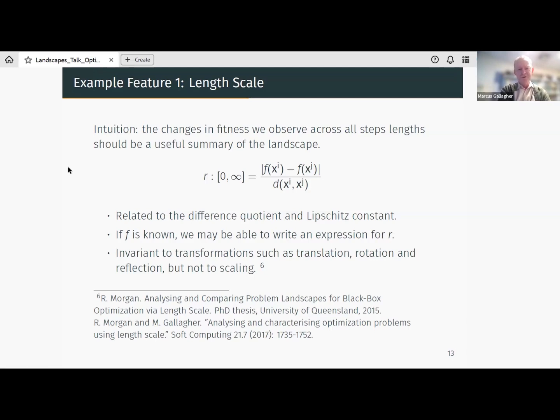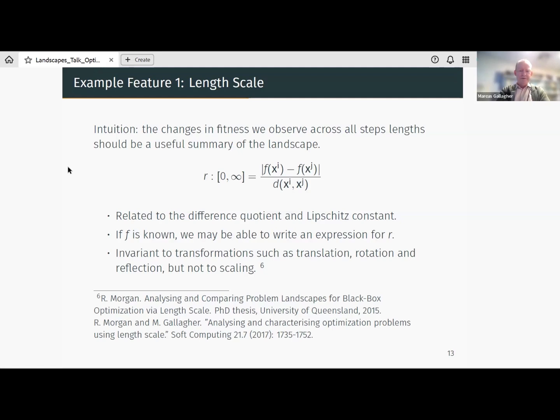So it's defined here as the absolute difference in f values divided by the distance between the two solutions. This is quite similar to the difference quotient, and if you were to look for the maximum of this, you would have what's called the Lipschitz constant in mathematical optimization.